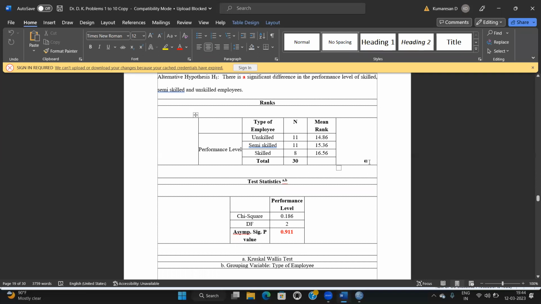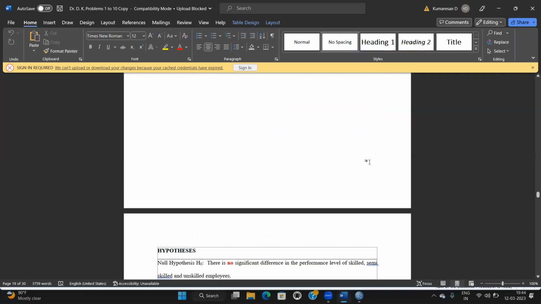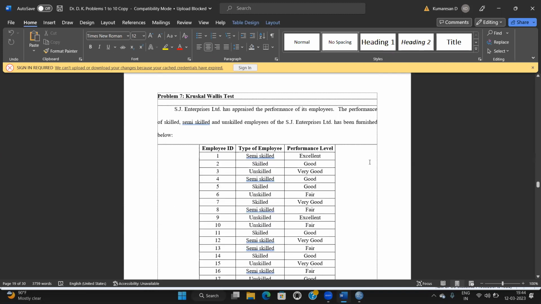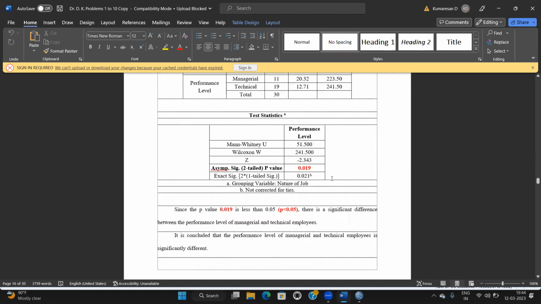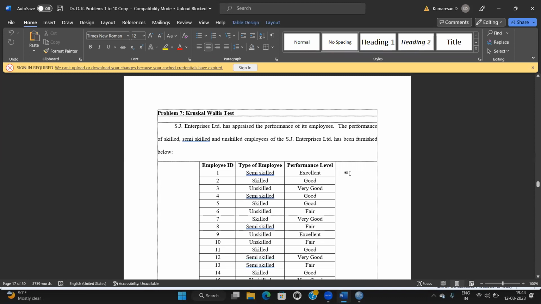So this is about the Kruskal-Wallis test. The difference between the Kruskal-Wallis test and one-way ANOVA is the data. If the data is given as scale data, we have to apply one-way ANOVA. If the data is given as ordinal data, we have to apply the Kruskal-Wallis test. So here also, at the time of drafting your questionnaire, you can decide.